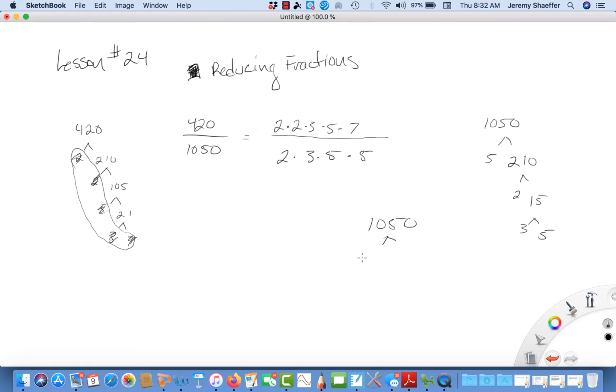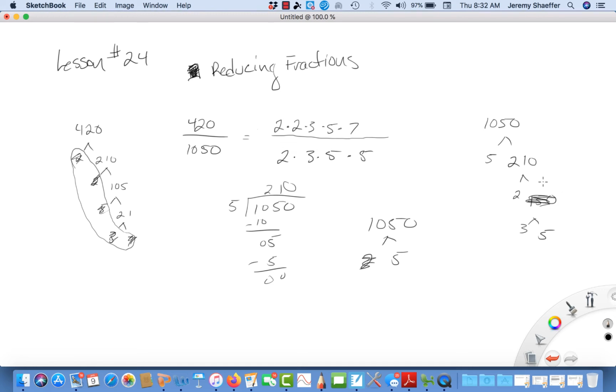1050. If I divide that by 2, that goes in 5. Oops, I want to do this by 5. So I've got 2 here. That's 10. 5, that's 1. 5 minus 0. 210. That's correct. So if I divide that by 2, it's 105.